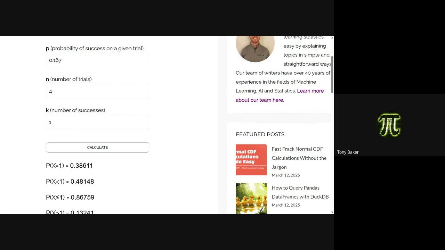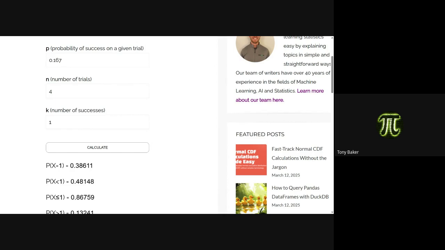All right. So if we did the same concept for 1, I get 0.3611 for the probability of getting 1 six. Is it adding or multiplying that extra?